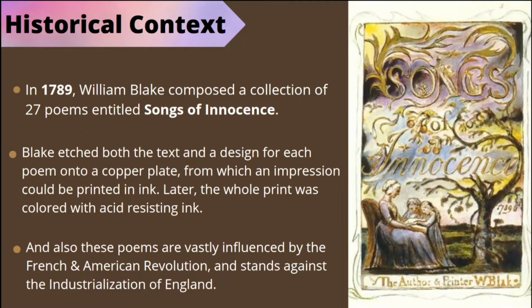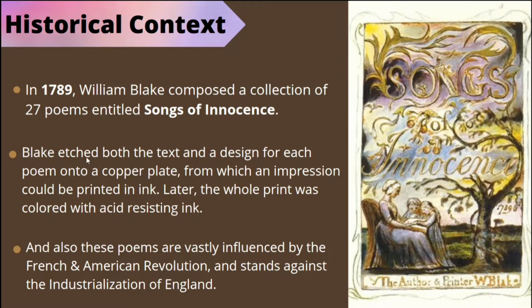Then in 1787, William Blake composed a collection of 27 poems entitled Songs of Innocence, and you can see the original picture here. It says here that the author and printer was W. Blake.